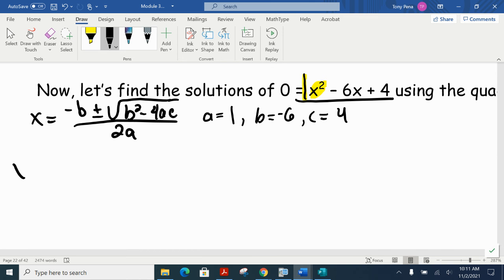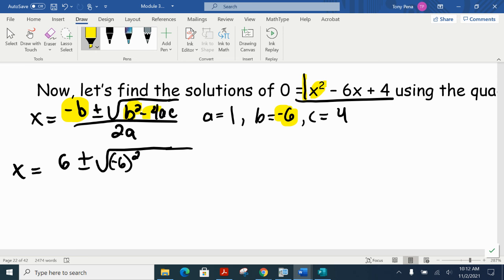So now my answers are x equals. This again means whatever B is, we want the opposite sign. So currently my B is a negative 6, which means when I plug it in, it's going to become a positive 6. Then you have your plus minus. And then you have the big square root. Then I want to square whatever B was. So B is this negative 6 right there, so I want to take the negative 6 and square it.